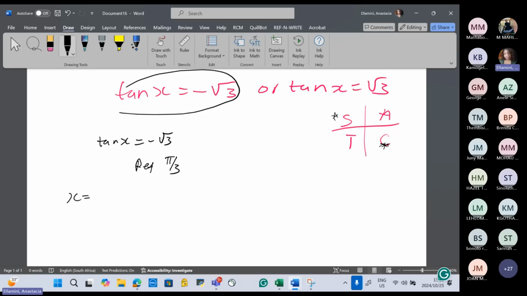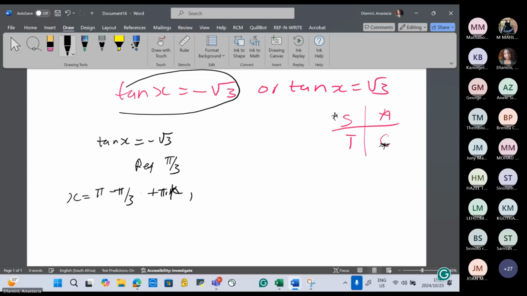So you're saying x is equal to pi minus pi over 3. Yes, then the answer is 2 pi over 3 plus pi times k, element of the integers.